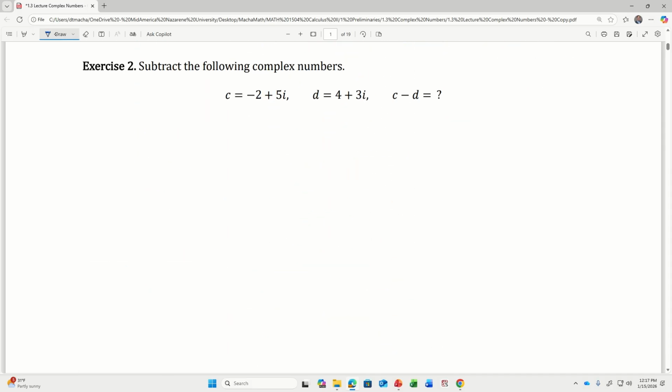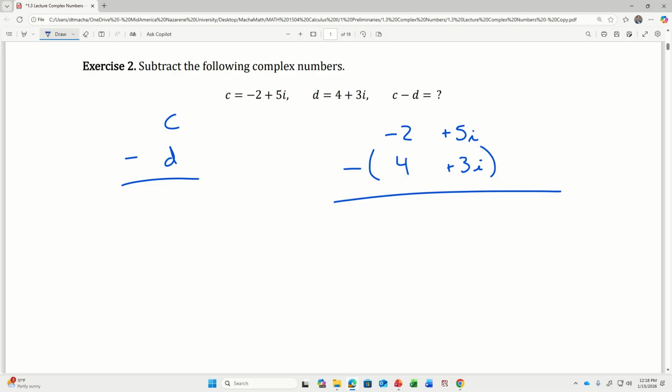Subtract the following complex numbers. If I want c minus d, then I'm going to write -2 plus 5i minus 4 plus 3i. And you've got to subtract the real part and imaginary part separately.